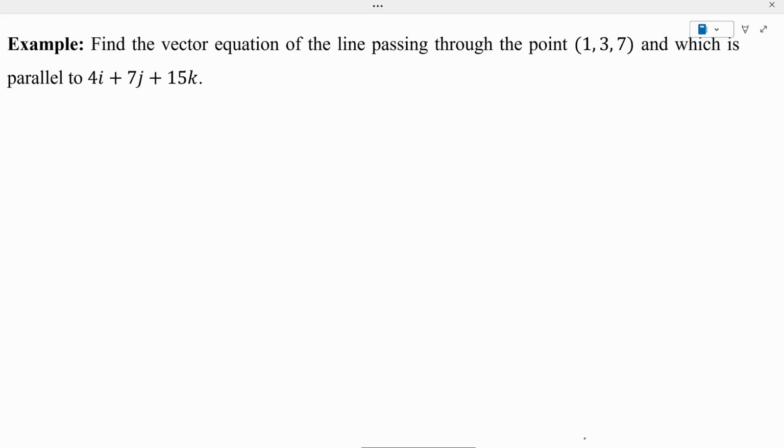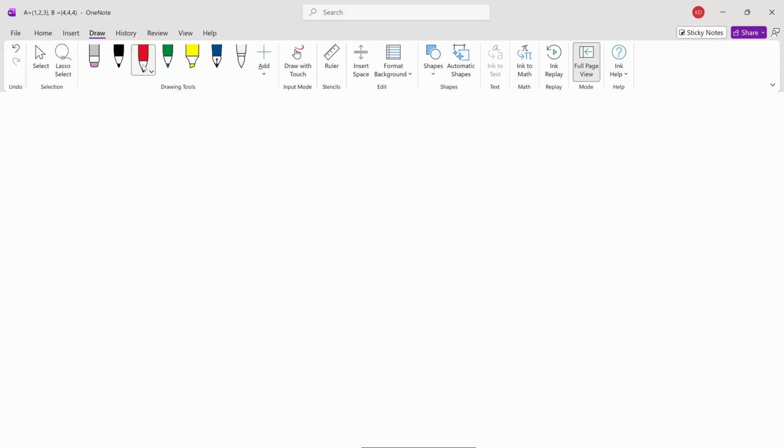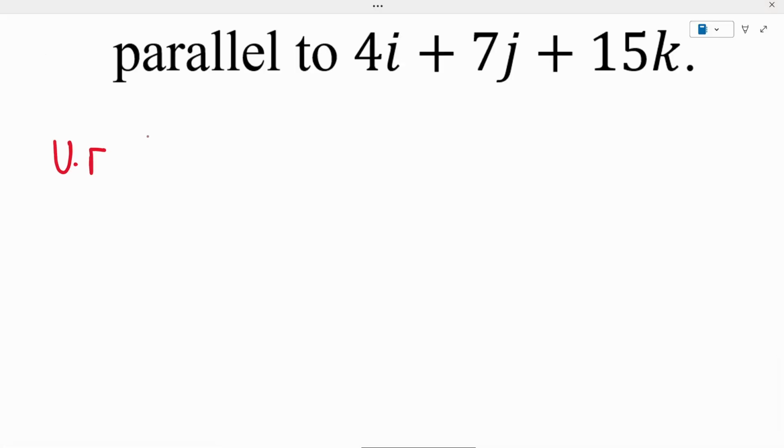Okay, so this one, hopefully it was very straightforward because we did not need to find the parallel vector, right? So what we have, the vector equation of a line is r, so r0 plus u times some scalar t, right?